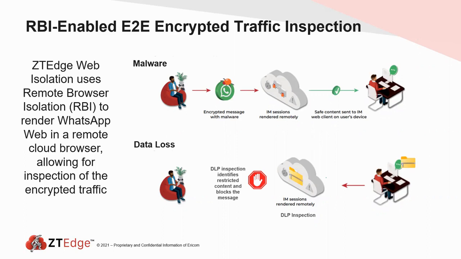So even though there's encryption from the actual web session through the WhatsApp web servers to the recipient, we do have the ability now to catch and inspect all of that data for DLP and for malware and viruses between the user's local browser and the actual browsing session happening in the ZT Edge cloud. Let's take a look at what that looks like now.